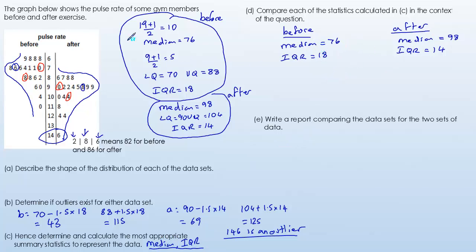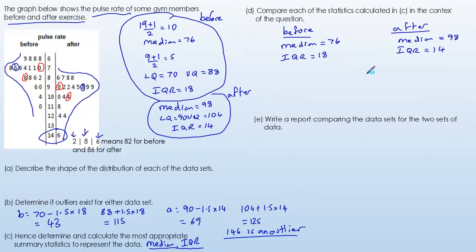So in the context of the question, well, this is to do with pulse rates before and after exercise, so we must talk about that. So the median pulse rate before exercise is lower than the median pulse rate after exercise. So that's a comment about the average or the middle of the data.